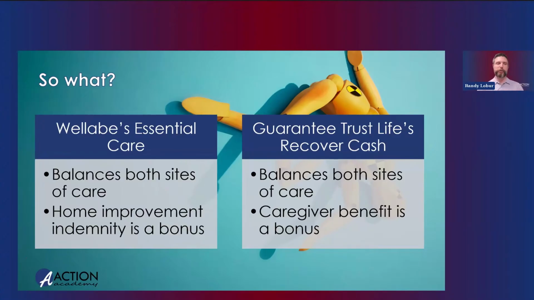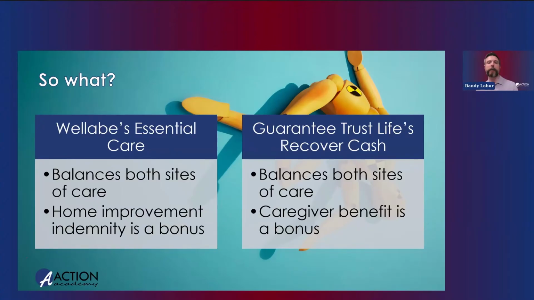If I were you and I were building my portfolio, I'd also want to look at my client base and the other products I'd offer. I don't know that, all cards on the table, either of these is a difference maker, saying, oh, you've got to go Wellaby or oh, you've got to go GTL, because they're short-term care plans.